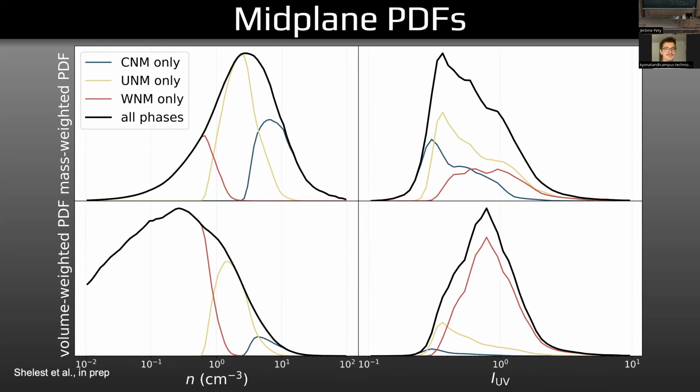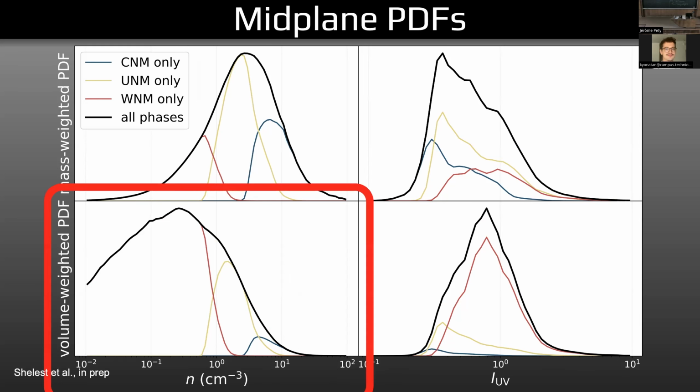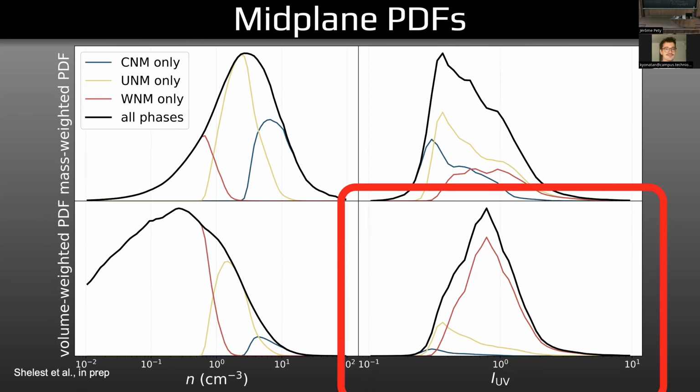So let's first start analyzing the volume density PDF. And as we see, as expected, most of the space is occupied by WNM. Interestingly, we get way more UNM in this picture than what we expect from classical models. But still, it kind of fits our assumptions. On the other hand, if you take a look at the volume-weighted IUV, we see that most of the IUV contributes from WNM, which is quite logical because it's low-density gas, so IUV propagates quite efficiently.